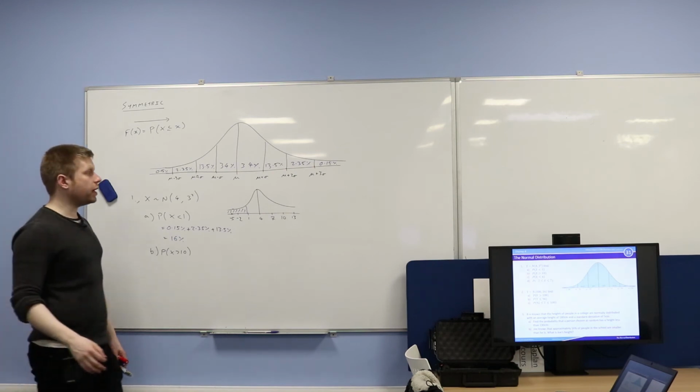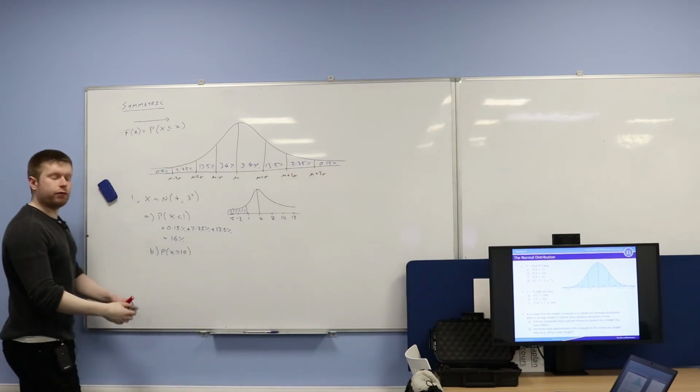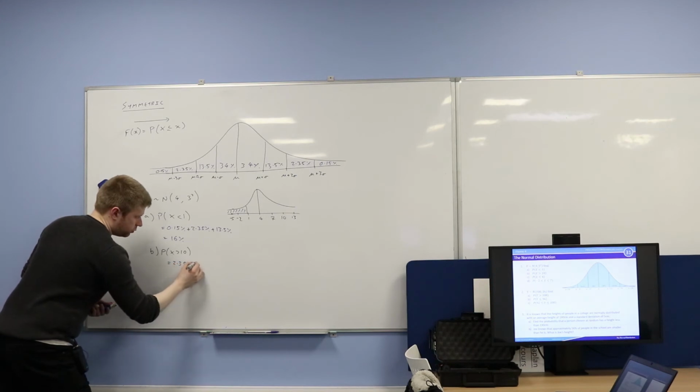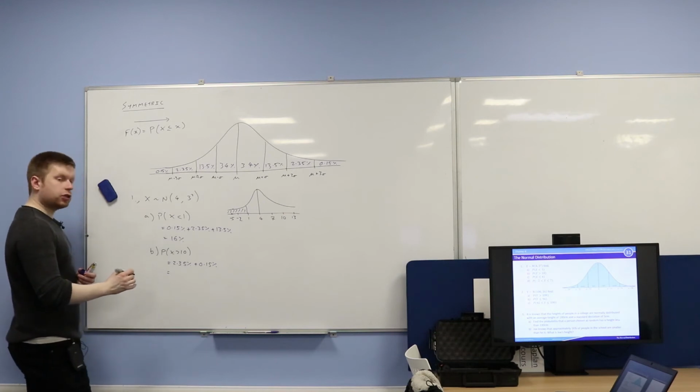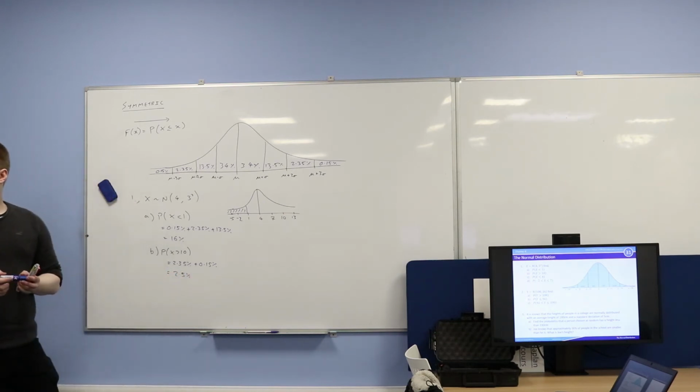So therefore, I'm going to be looking at 2.35 and 0.15, which comes out as 2.5%. Is everyone clear?